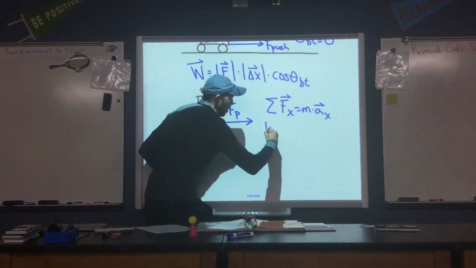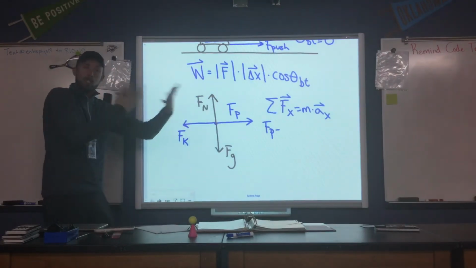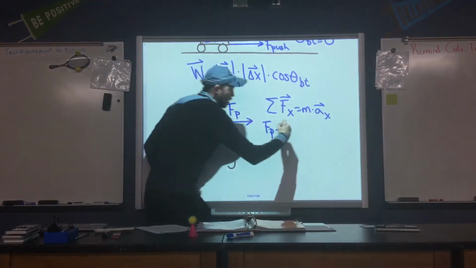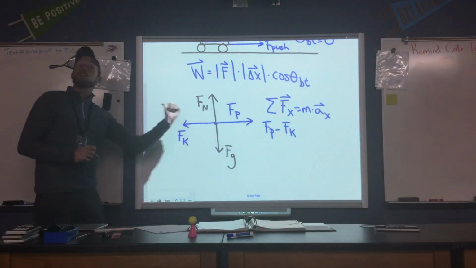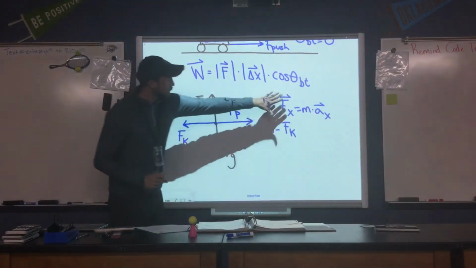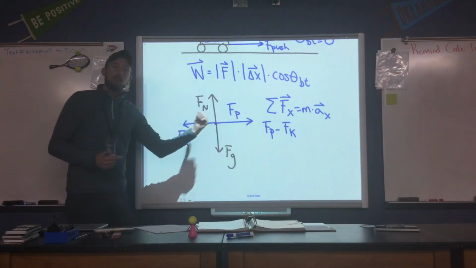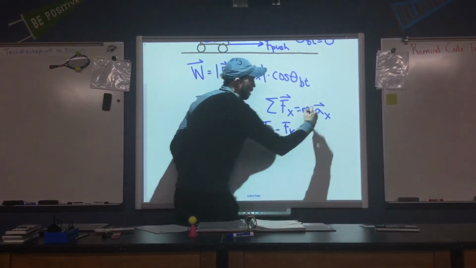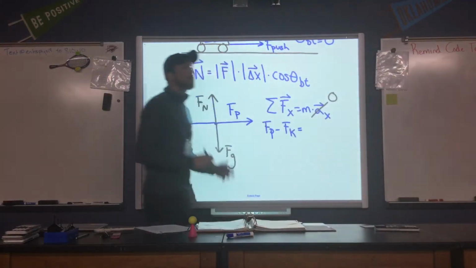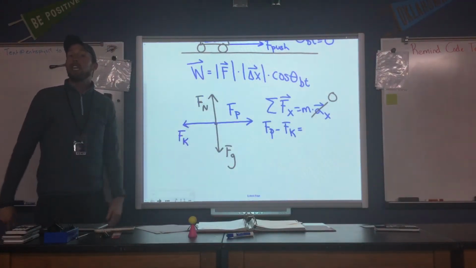Our push force, I'm going to refer to that as a positive force because it's to the right, which is the traditional positive x direction. Minus f sub k, I'll subtract that because our force of friction is in the negative direction. So even though Newton's second law has us sum up our forces, here we'll have to subtract one of them because of the direction involved. So the sum of forces equals mass times acceleration. The problem statement tells us we're moving at a constant speed, which means therefore our acceleration will be 0.